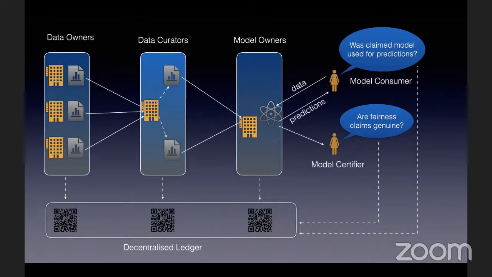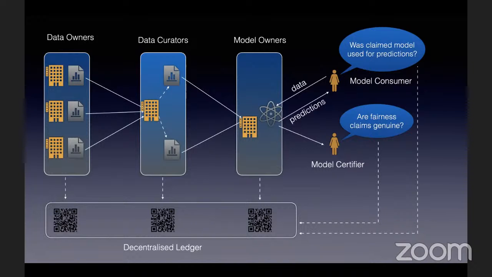Next to data owners are the data curators. What data curators typically do is lease data from data owners, or buy or purchase data. Data owners are obviously going to want to monetize their data, to compensate for the effort they put in to gather it in the first place.